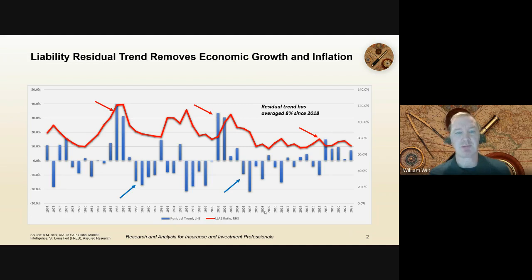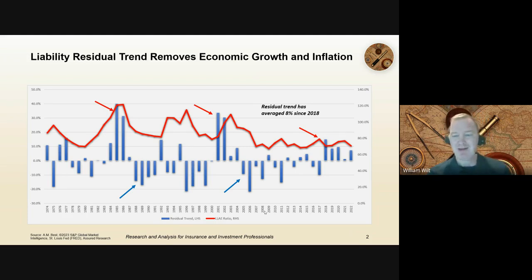But there are also some periods, which we mark with the blue arrows at the bottom, where the residual trend is declining. So liability losses were growing more slowly than the combination of economic growth and economic inflation. Take, for instance, all the legal reform measures put into place in the late 1980s following the liability crisis, which actually shrank the growth in liability losses.